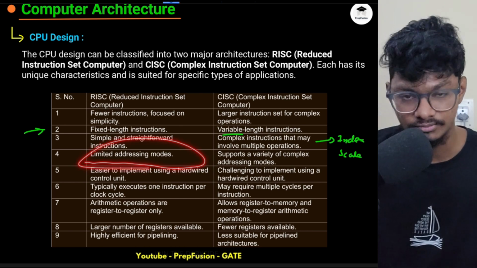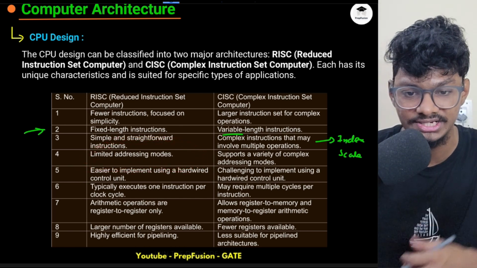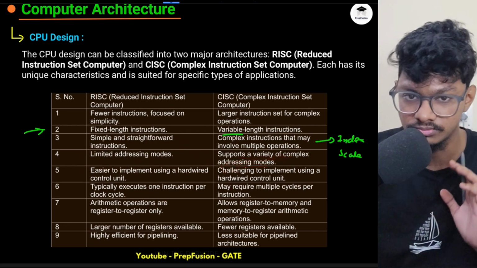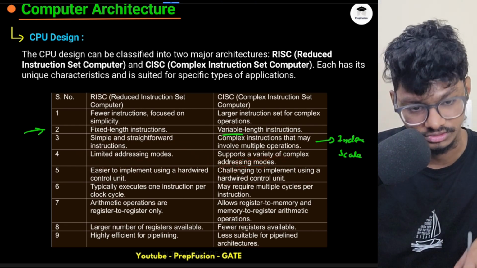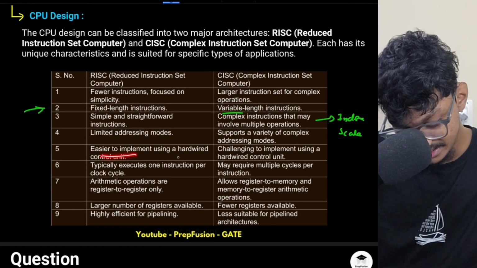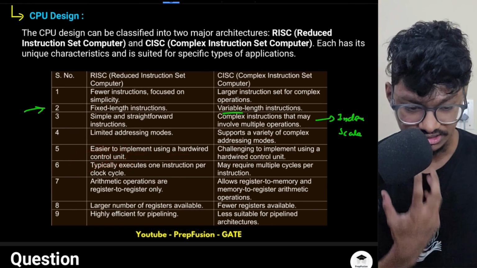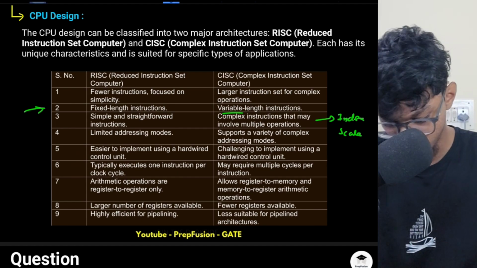RISC has limited addressing modes. It cannot support all the addressing modes because it is simple and straightforward. CISC supports various addressing modes like index scaling and all those things. RISC is easier to implement using a hardware control unit, because as the instruction set is easy, the decoding logic is also very easy.